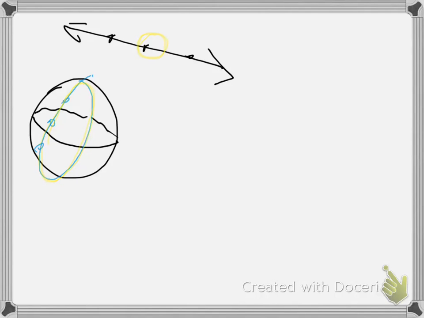The implication is for 3 points on, well, what's the equivalent to a line? Well, it's a great circle.